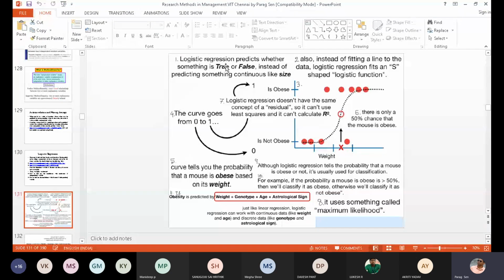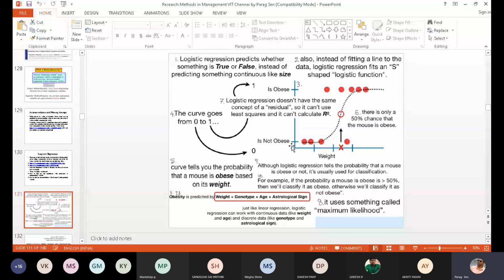Logistic regression predicts whether something is true or false instead of predicting something continuous like size. Also, instead of fitting a line to the data, logistic regression fits an S-shaped logistic function. You have seen that in linear regression a best fitted line is used.